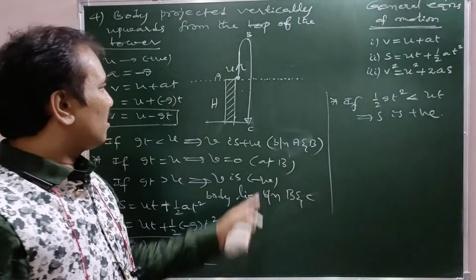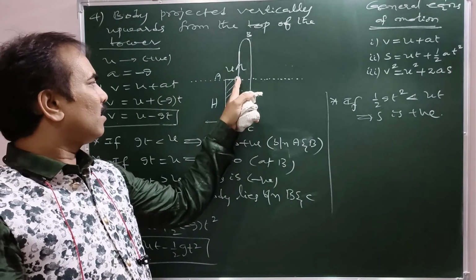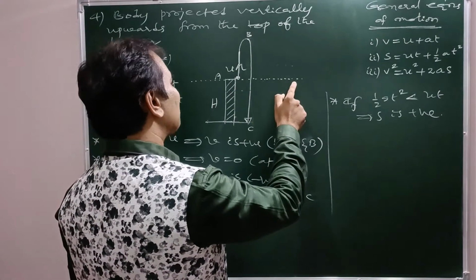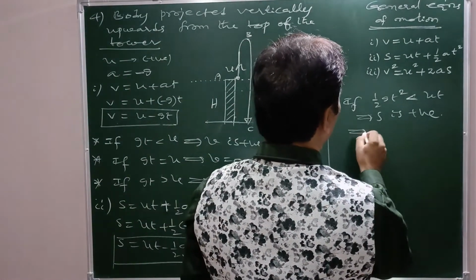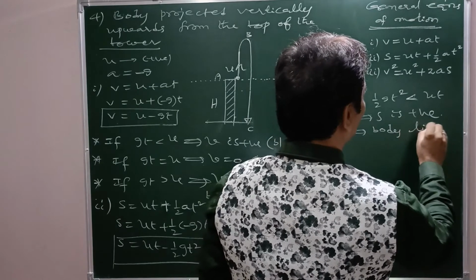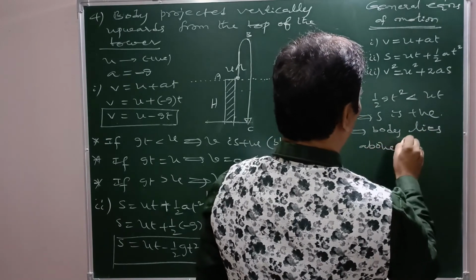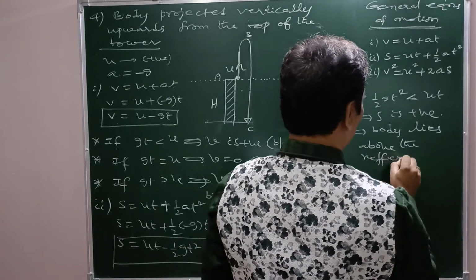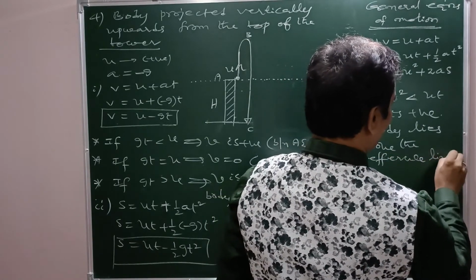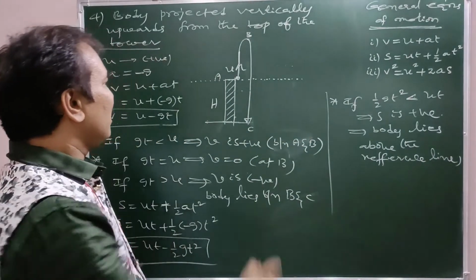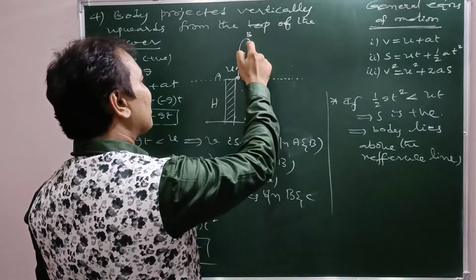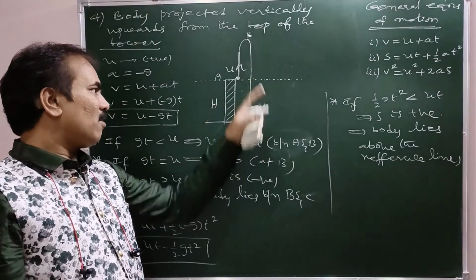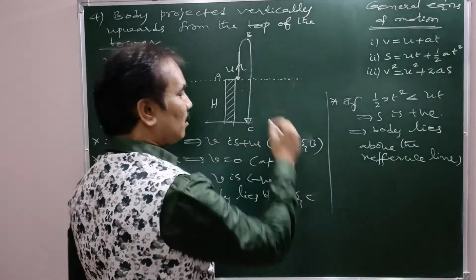S positive means the body lies above the reference line. Somewhere here or somewhere here or somewhere here, right? Somewhere here also. So like that.